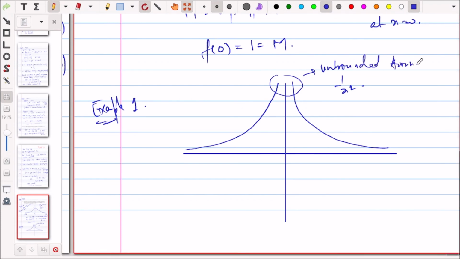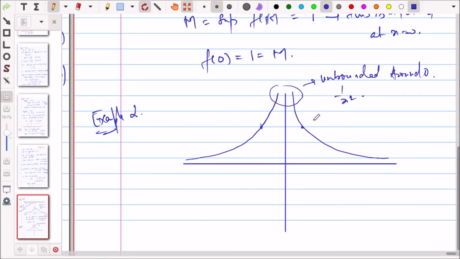So what we can do is restrict this function by removing this part, and from here define another function keeping the continuity intact, because we want the function to be continuous.